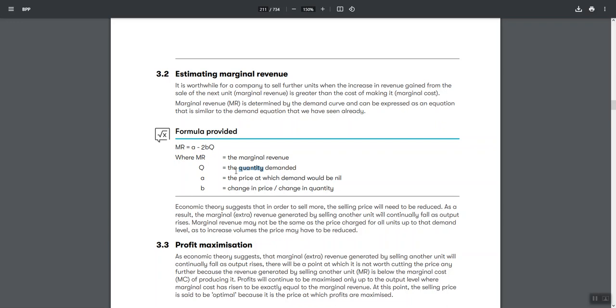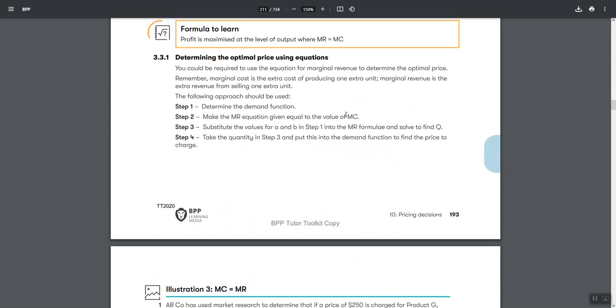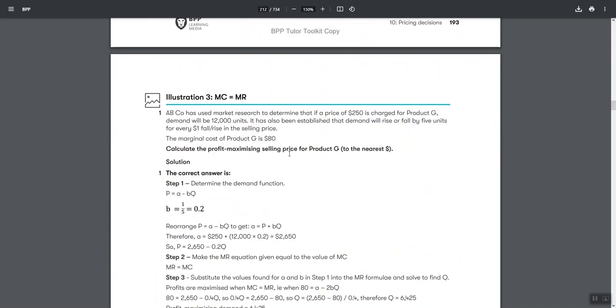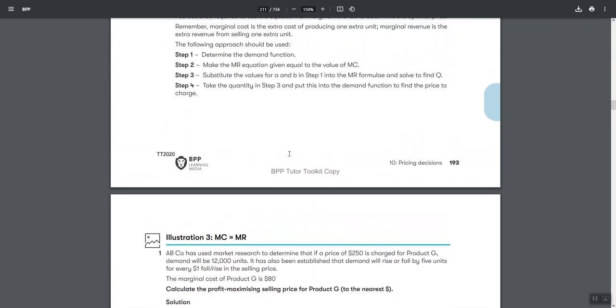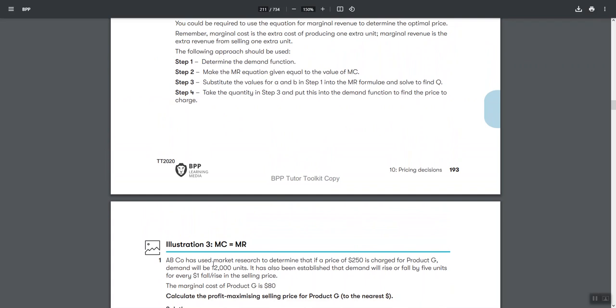We have a question here. These are the steps shown here, but I will answer it and then you will know. Okay, ABCO has used market research to determine that if a price of 250 is charged for product G, demand will be 12,000 units. So this is our current price, current demand. It has also been established that demand will rise or fall by 5 units for every $1 fall or rise in the selling price, which is just like our previous example.